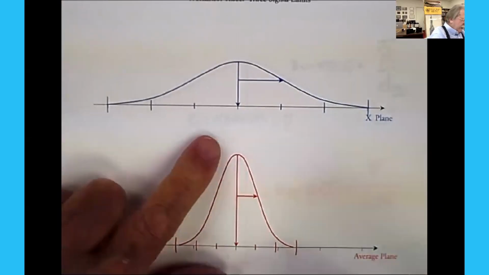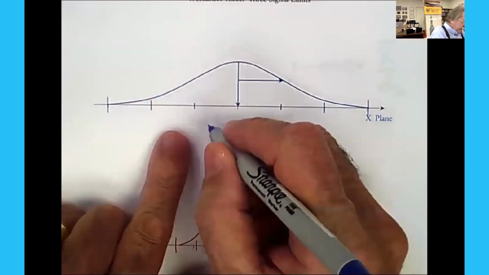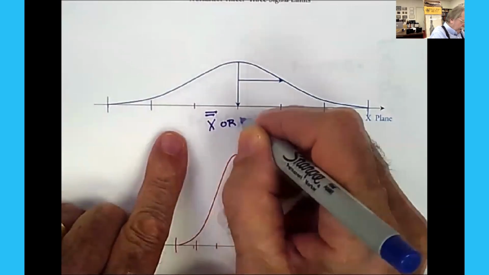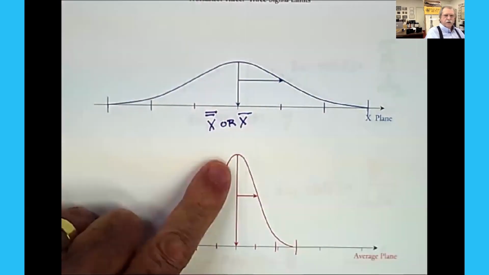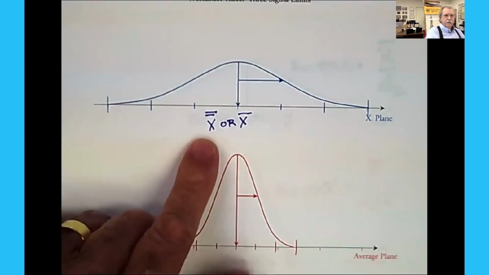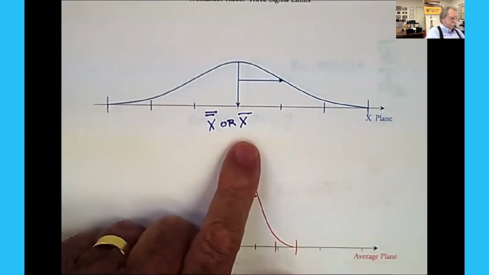So our central line for the distribution of X on the X plane will be X double bar or X bar, depending on which chart we're using. If we're using an average and range chart, we'll use X double bar. If we're using an XMR chart, we just use X bar itself.